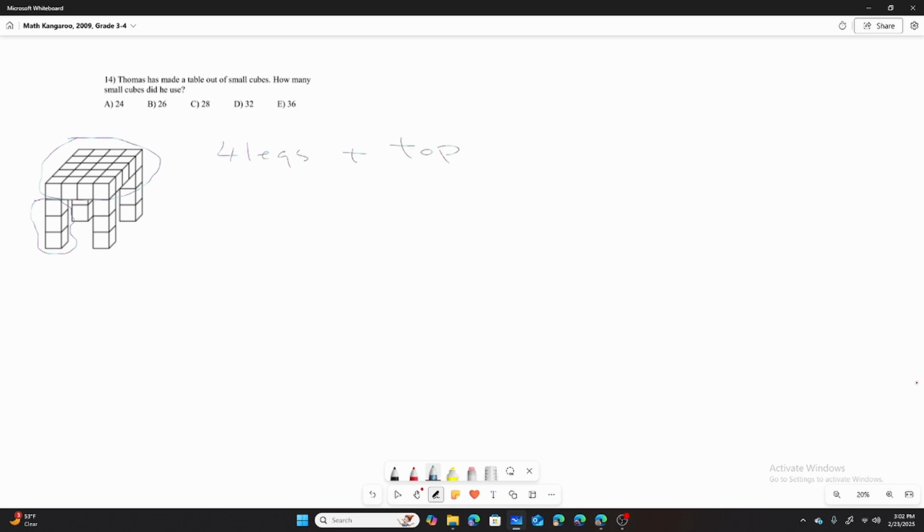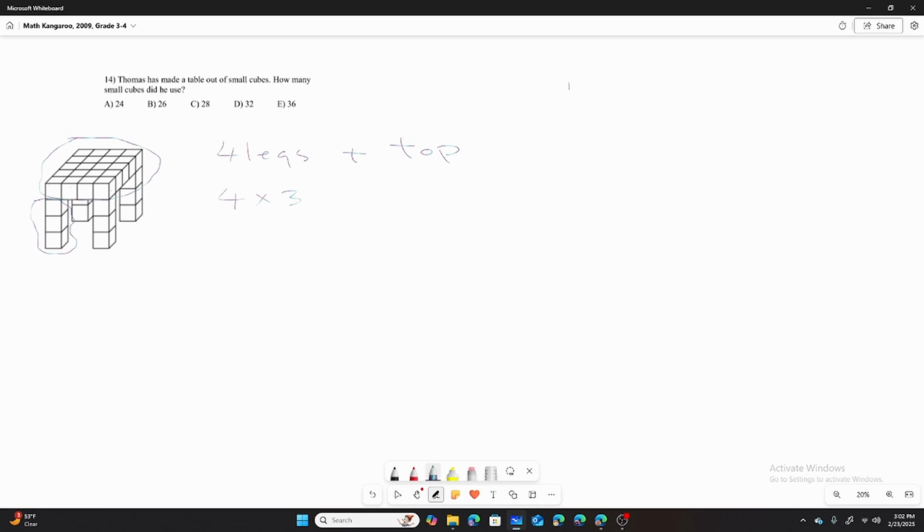So we need to add up all the squares. The squares are composed of the top as well as the legs. The legs, each leg would have 1, 2, and 3 squares. And the top is 1, 2, 3, 4. 1, 2, 3, 4.